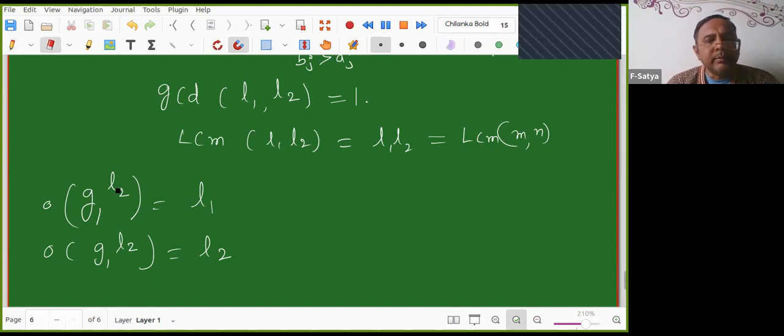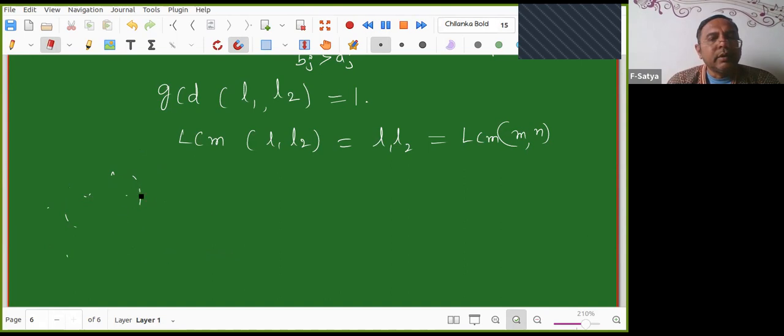I'm just making one modification here. I'm just recalling that actually. One minute. Because L1 divides M, I'll take that up and see. What I am doing is that I take G1 power M by L1, right?